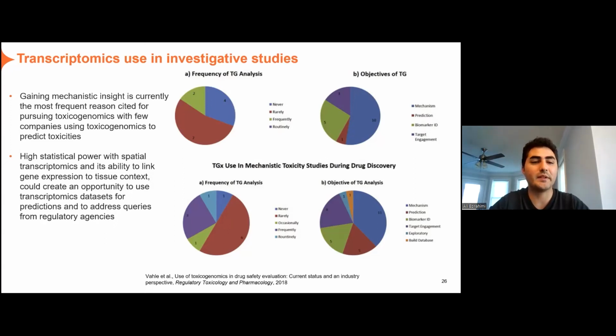So I think having these databases is going to be essential to make sure that we can, first of all, use the data that's available and also move beyond understanding the mechanism and use this data for prediction.